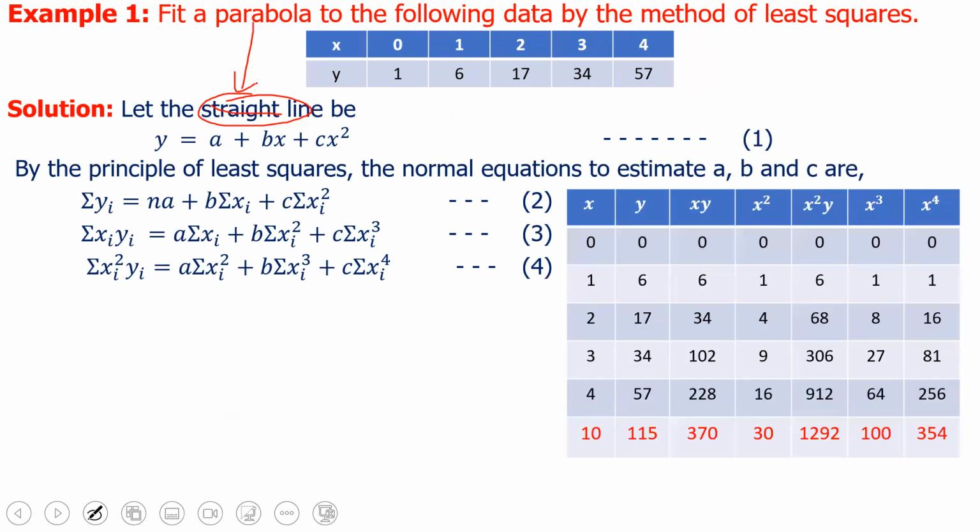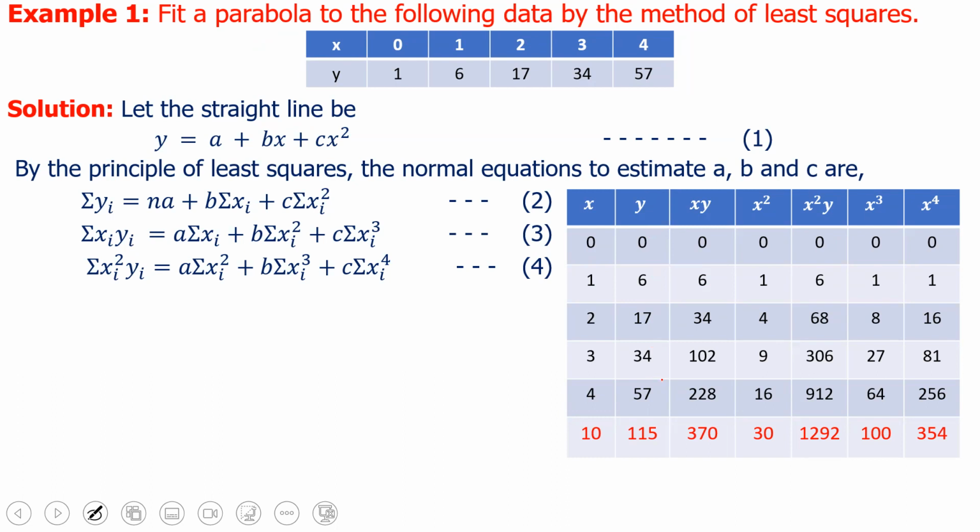Now, let us make this table. The value of x is 0, 1, 2, 3, 4. So 5 values are given. Values of y are 0, 6, 17, 34, 57.